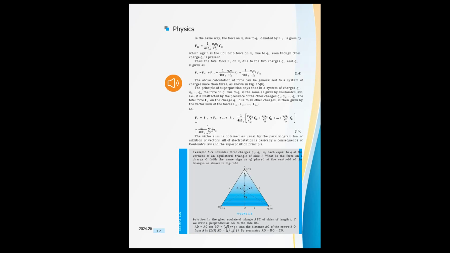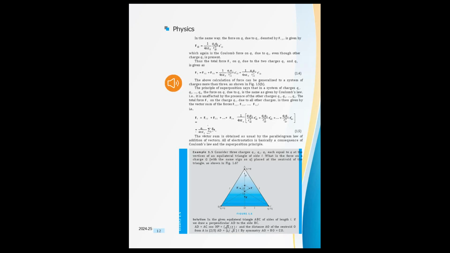That is, F1 is equal to F12 plus F13 plus and so on up to F1n. That's equal to 1 by 4 pi epsilon naught into Q1 Q2 by R12 square R12 cap plus Q1 Q3 by R13 square R13 cap plus and so on up to Q1 Qn by R1n square into R1n cap.